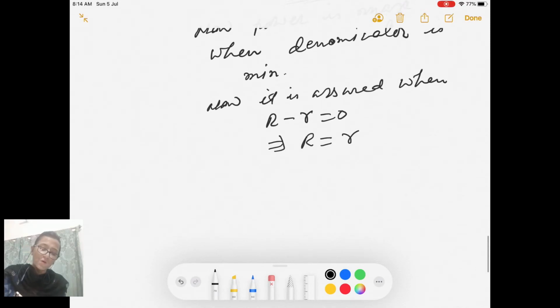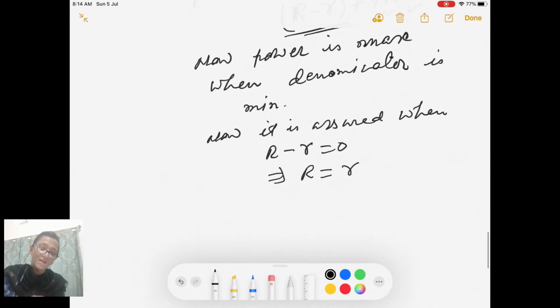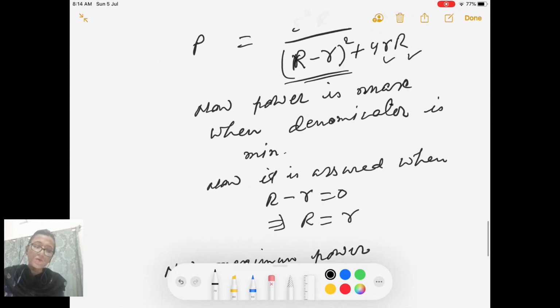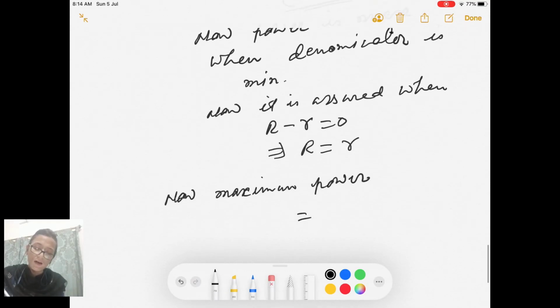So now, what is the efficiency of source and what is the maximum power? Now maximum power is equal to E square R upon 4Rr.